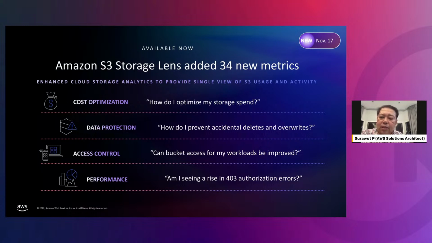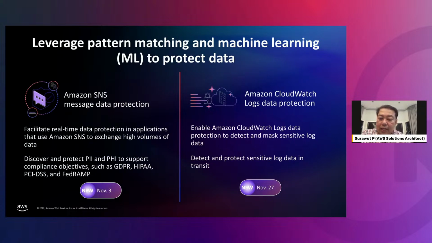The first part, 13 metrics, is free of charge. For advanced features on cost optimization that relate to a lot of data or analytics, there is a minimum charge. So if you need more information, feel free to let us know, or you can find it on our website. And if you have any follow-up questions, feel free to drop us an email.